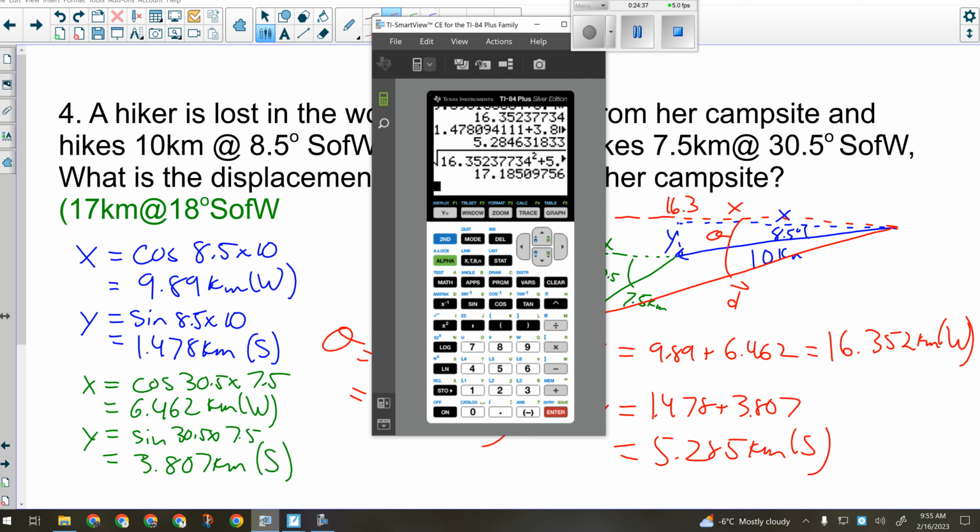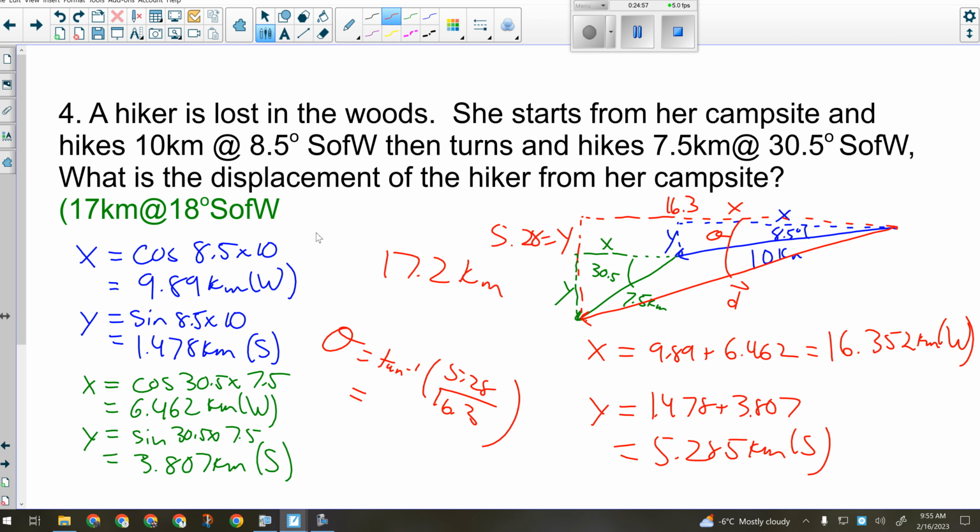17.2. Right there. Okay, and so second tan of the 5.28, that was my opposite side, divided by the 16.35, which was my adjacent side. All right, so that gives me an angle of 17.91 degrees.